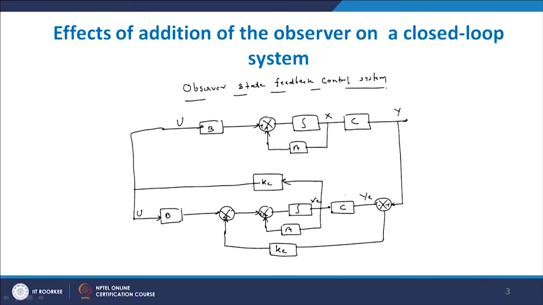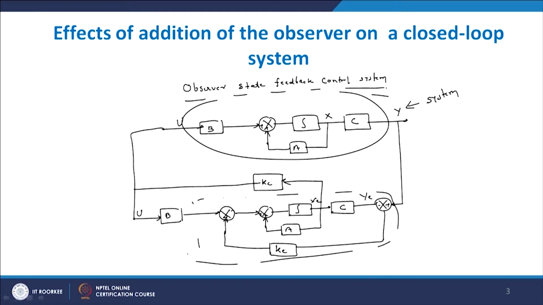You will find that the upper portion, this portion, is the actual system, and this portion is the observer. Now, the output of the observer system is YE, and here is output Y, and here we are reducing the error between Y and YE.